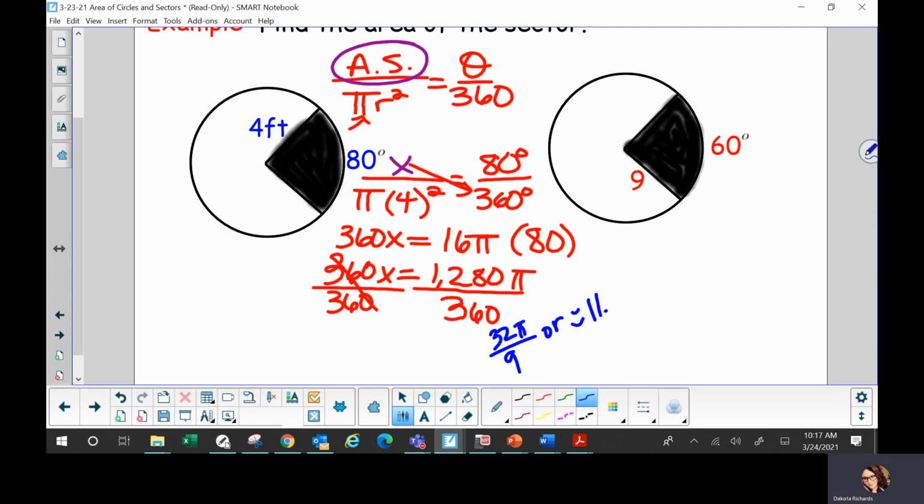Questions. I did both. This is keeping it in terms of pi. And then this is multiplying it with pi.